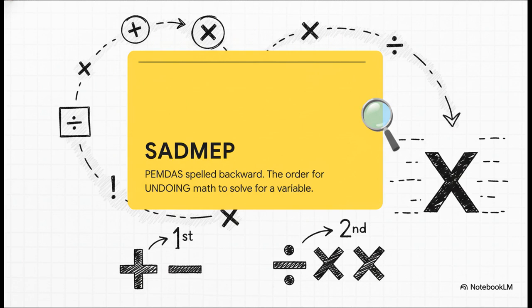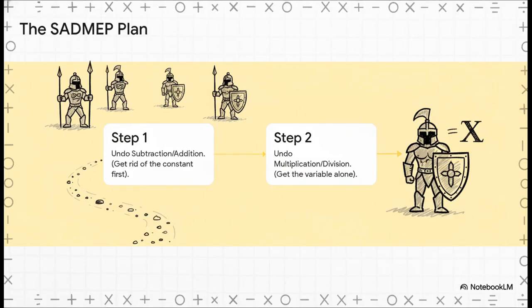We'll handle subtraction and addition first, then we'll deal with division and multiplication. This is the order that clears the path. So our whole two-step plan is actually super simple. First, we deal with any numbers being added or subtracted. You can think of these as the guards standing kind of far away from our hero. Then we handle the numbers being multiplied or divided. That's the guard standing right next to x.